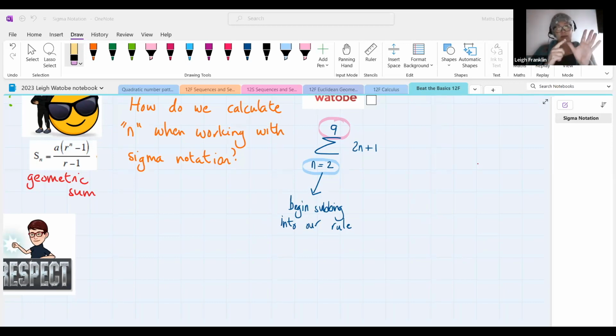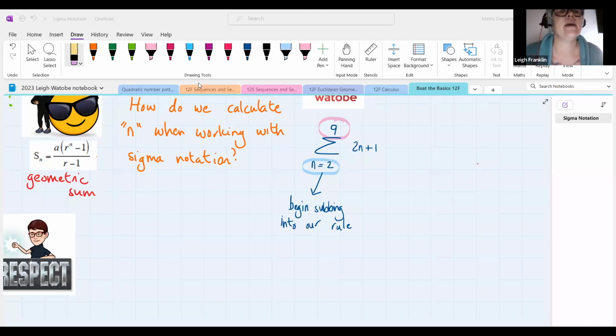You begin by subbing in 2, then 3, then 4, then 5, then 6, then 7, then 8, then 9. How many fingers are you holding up? 8 fingers, right? I don't know if you're doing that at home, but anyway, there we go. You're holding up 8 fingers. There are 8 terms in the pattern.